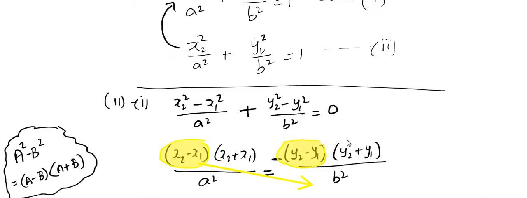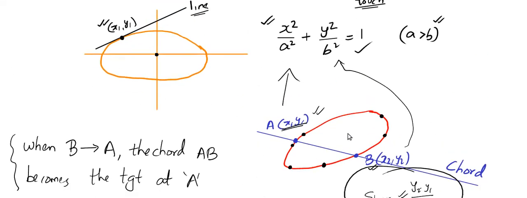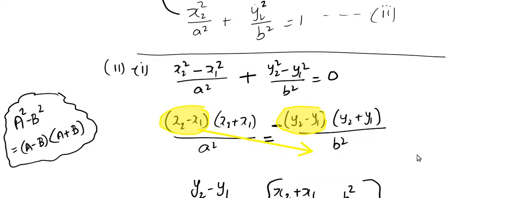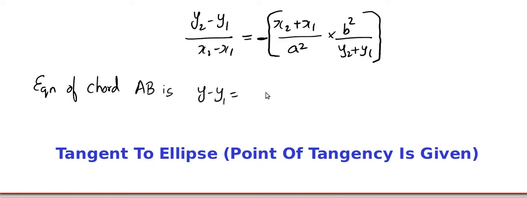Now look at this. I will show you this picture very clearly. This blue line is the chord. It is the chord passing through x1, y1 and x2, y2. And chord is the line. So the equation of the chord AB is y minus y1 equal to slope.